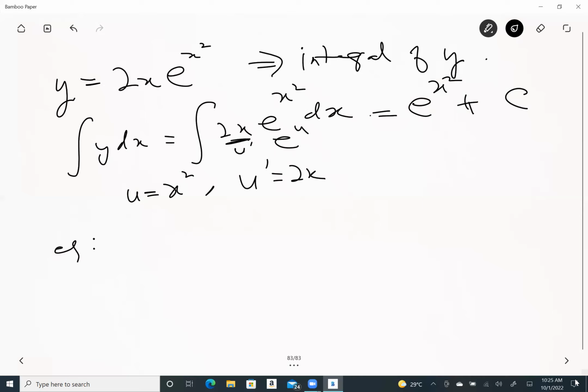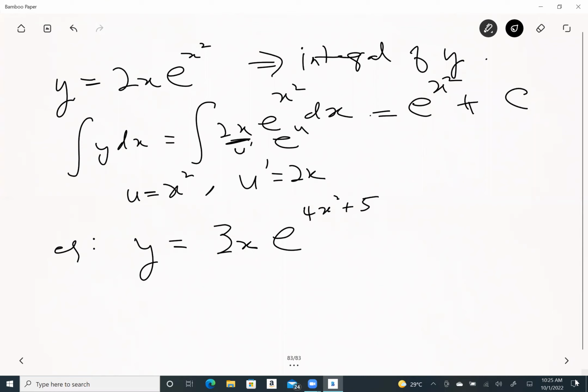All right. So now, let's say I give you the following. Example 3. Let's say I have y equal to 3x e to the power of 4x squared plus 5.